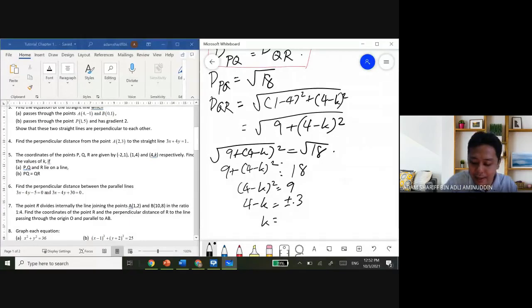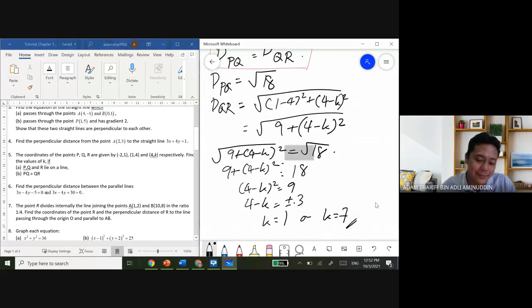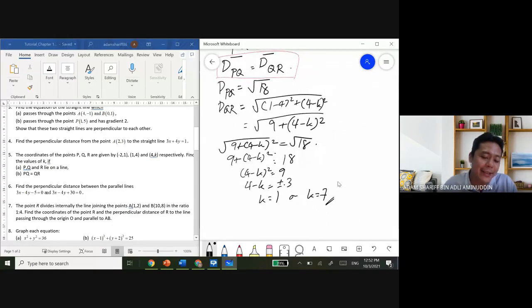And K, I get actually 2 values. Why I say it's quite interesting because we have 2 points of K. So dia ada 2 koordinat R kat sini, 1, 4 or 7, 4. Siapa yang dapat macam saya? 2 nilai K.